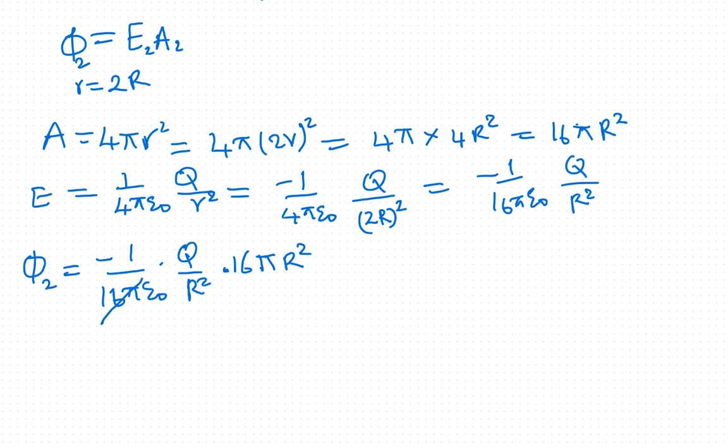The 16 pi cancels 16 pi, the R squared cancels, and we are left with minus Q divided by epsilon naught.